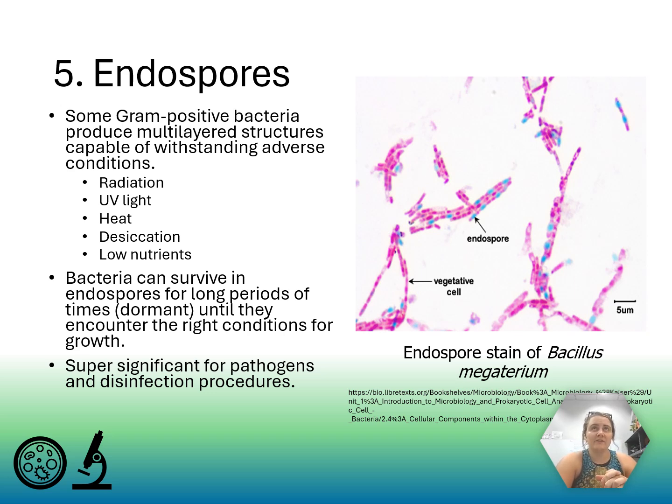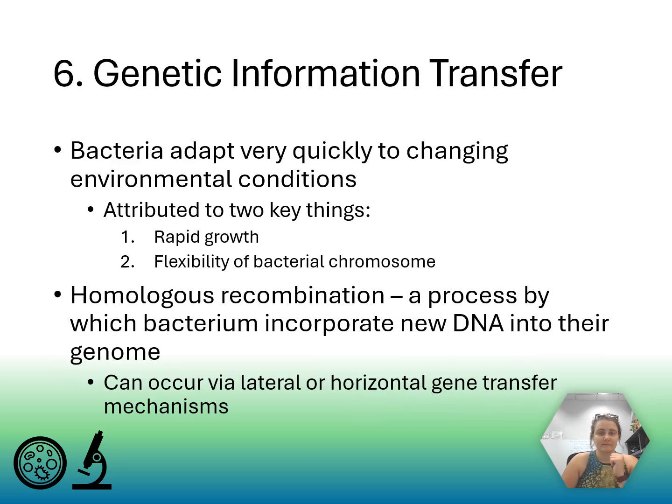And if pathogens are hiding inside an endospore, they're protected from whatever chemicals or exposure we're using for disinfection. So if we have bacteria hiding in those endospores, our disinfection may not be all that super effective. And so this is becoming an area we're studying more and more in order to understand how we need to do disinfection a little bit better for these types of bacteria.